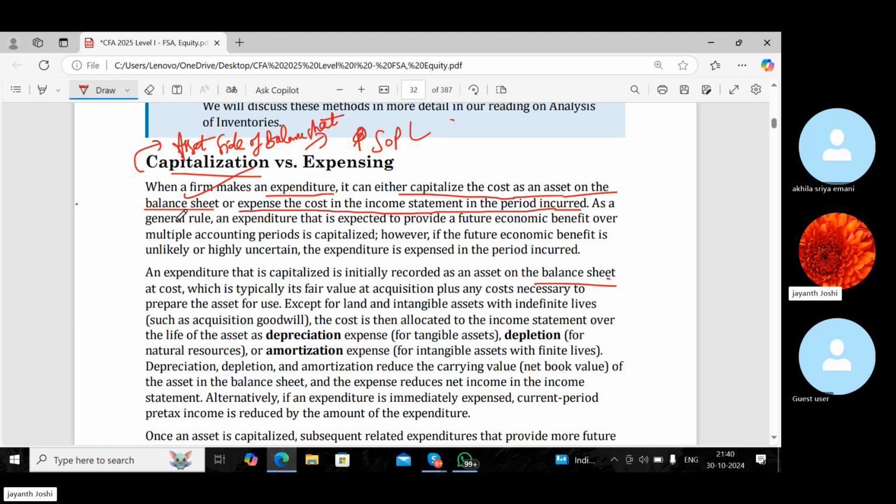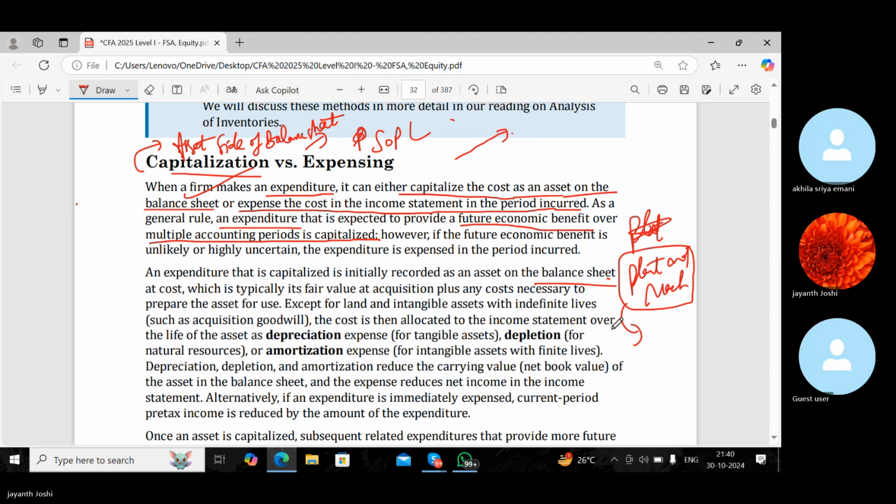Okay. As a general rule, an expenditure that is expected to provide a future economic benefit over multiple accounting periods is capitalized. That means any expenditure which you are incurring. And I will tell you certain points. Let's say you purchased a plant and machinery. When you purchase a plant and machinery, here what happens?